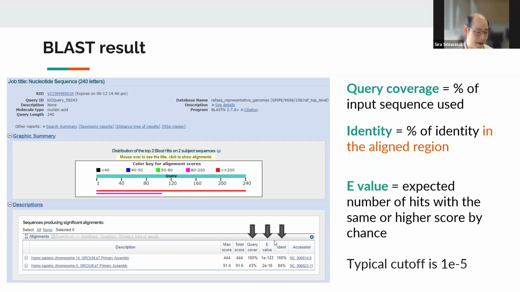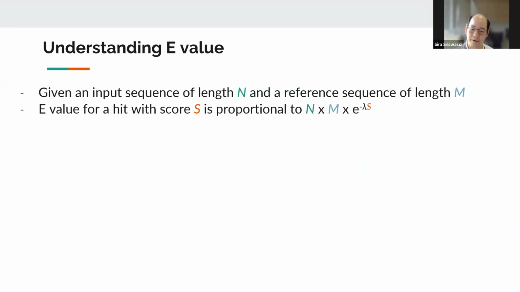That means the chance of getting a hit in the genome, even though your sequence does come from that genome, should be very small, less than 1 in 10 to the 5. That you will see this by chance, similar to p-value. But let's think about how they derive E-value. We have a sequence alignment.